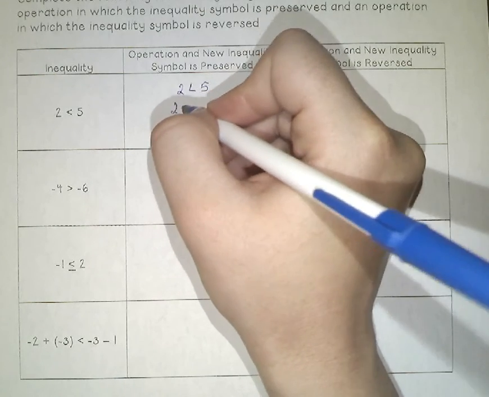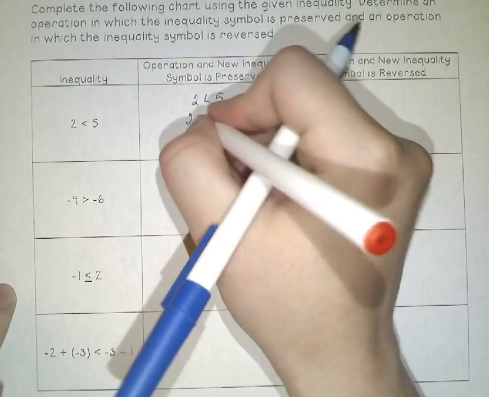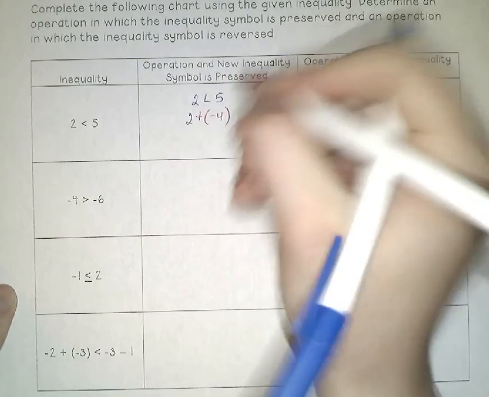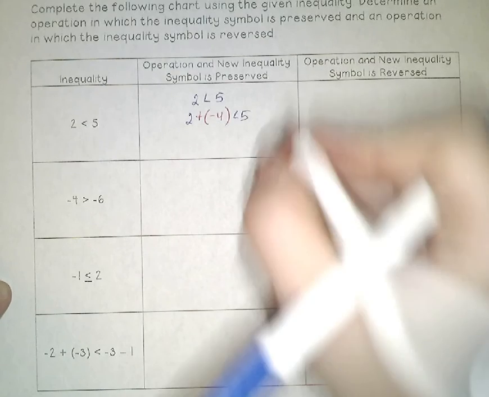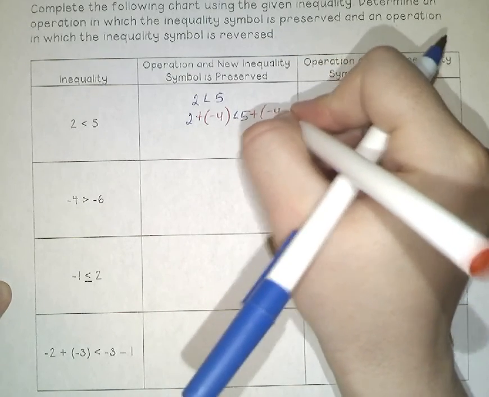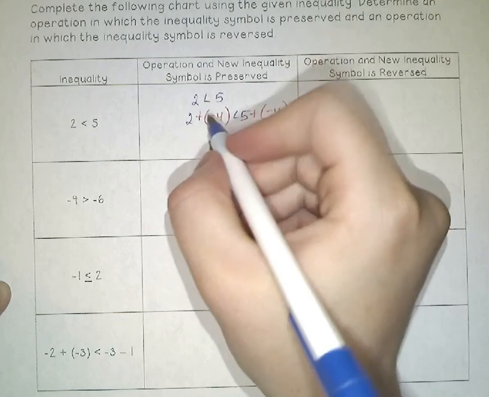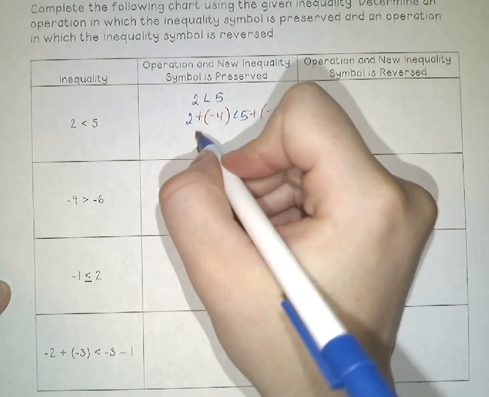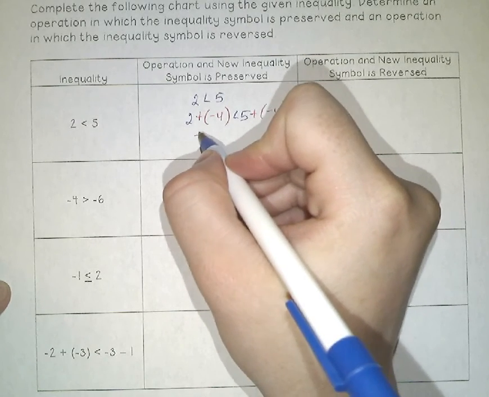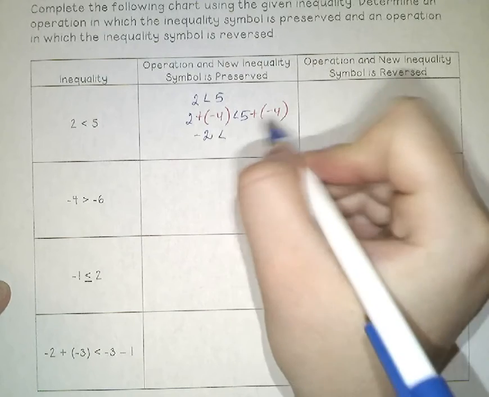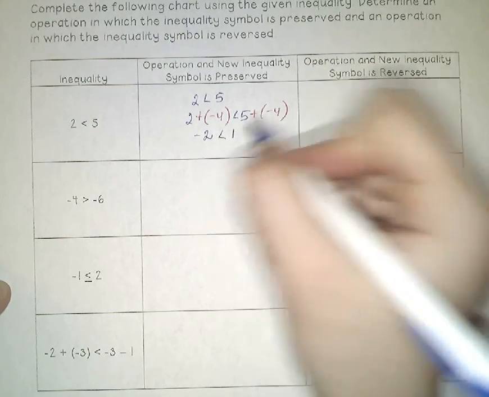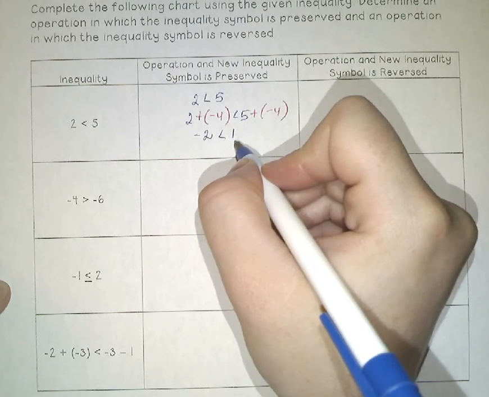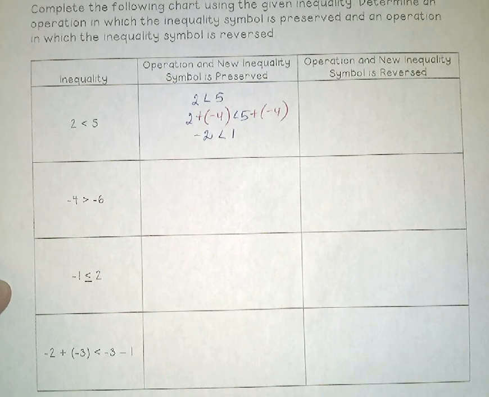So 2 plus negative 4 is less than 5 plus negative 4 as well. 2 plus negative 4 is going to be negative 2, and that is less than 5 plus negative 4, which is 1. That is true, so I did it correctly.